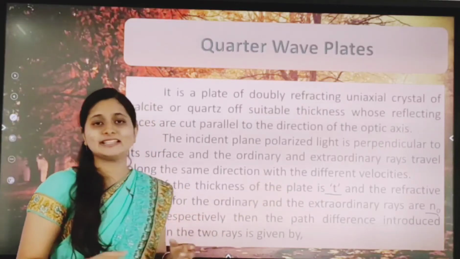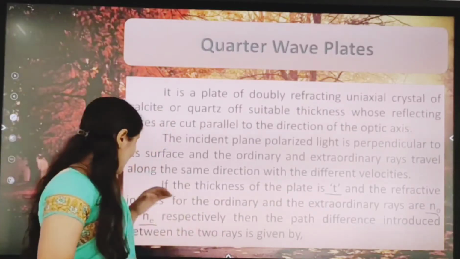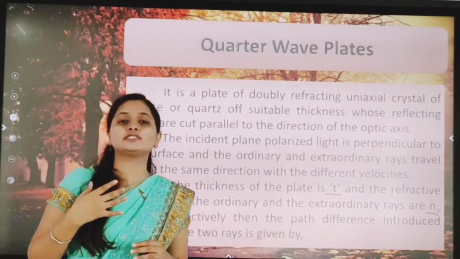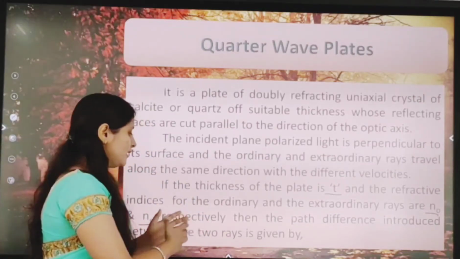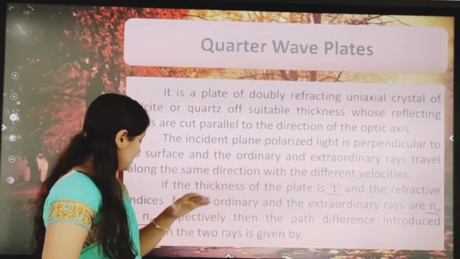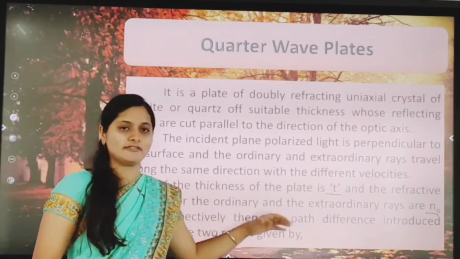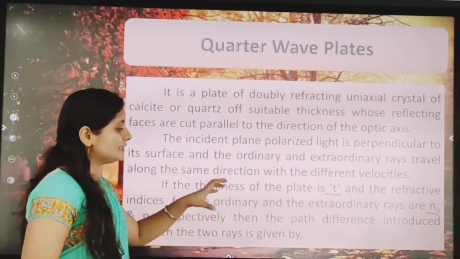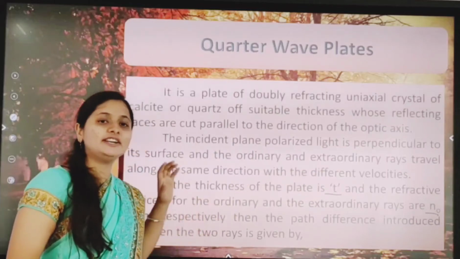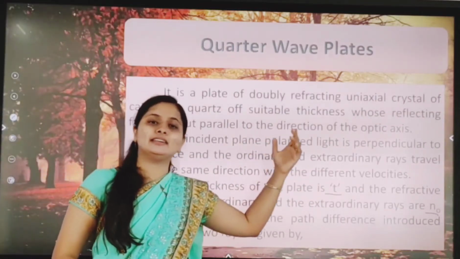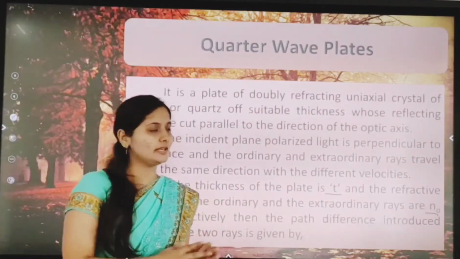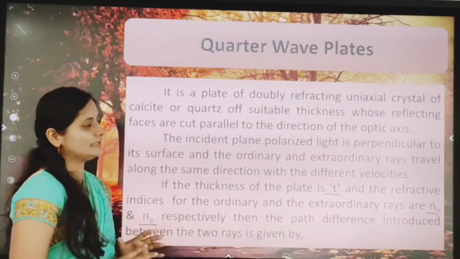N naught is the refractive index of the ordinary ray, and Ne is the refractive index of the extraordinary ray. Then the path difference introduced between the two rays is given by the following. This is the explanation of this slide.